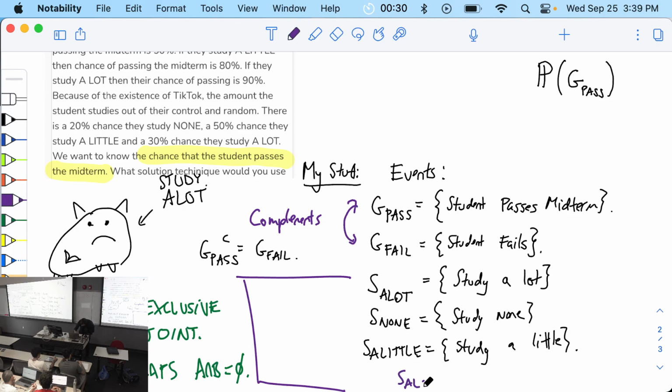S a lot union S none union S a little. There's something special about this. That's this one or this one or this one. I don't know what to call it, but it has 100% probability. That is a better name for what it is, because the actual name is really silly. Together, they have 100% probability. So together, they are everything.